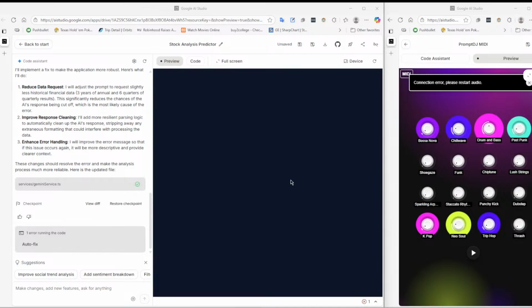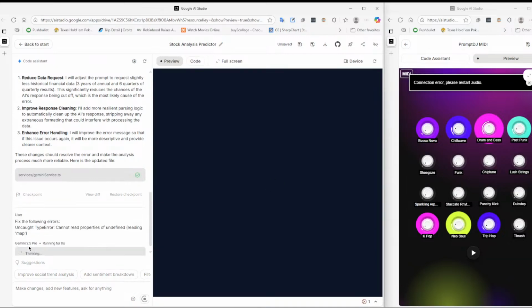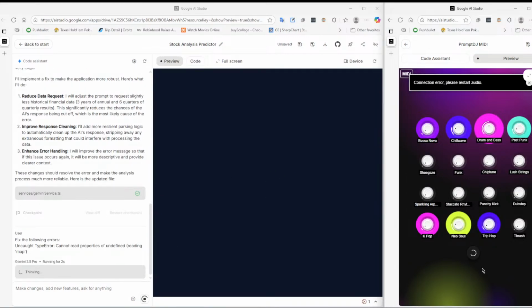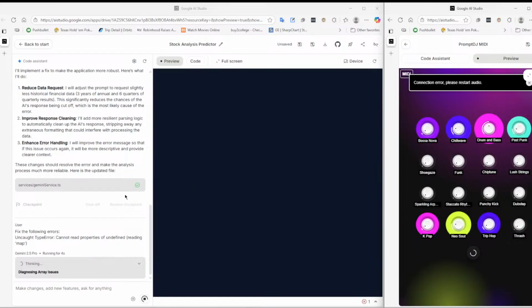Alright, so it looks like it's loading. Looks like we got an error. I'll fix that while I play my music. Uncaught type error.